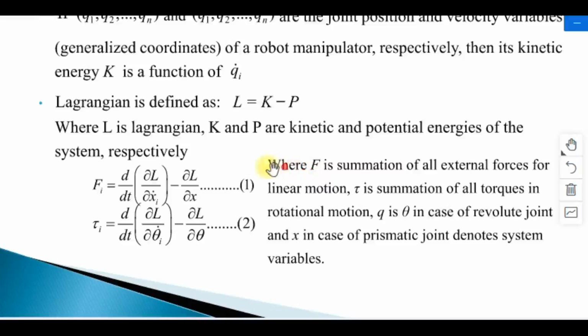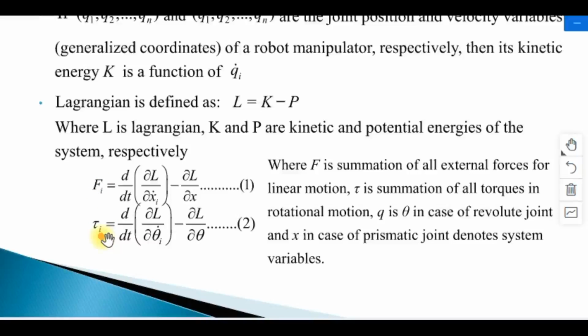So here the formula for F equals d/dt of del L by del xi dot minus del L by del x. So this is the formula. The Lagrangian L equals K minus P. If you consider this L, then we can easily calculate force or torque.